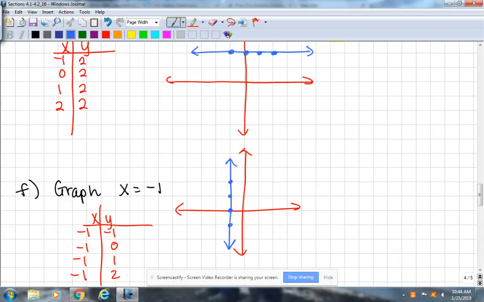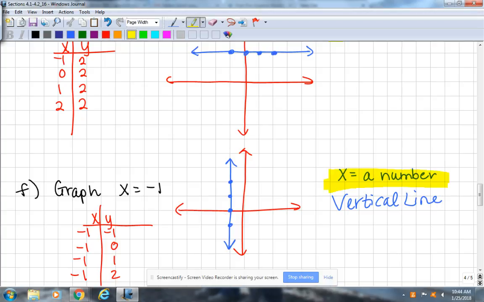So x equals -1 is a vertical line that crosses the x-axis at -1. So write that down, highlight it, memorize it. X equals a number is a vertical line.